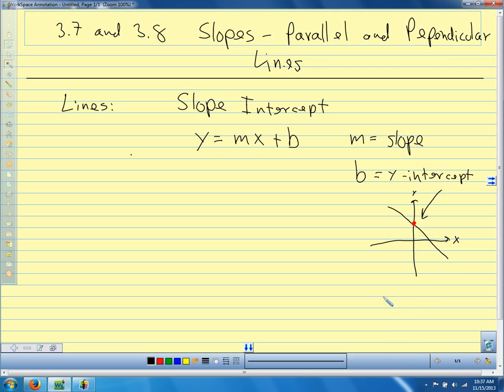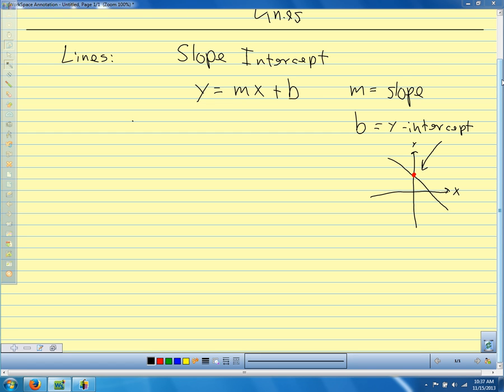And our slope is rise over run. We've talked about slope before, so using slope shouldn't be something new. So that's our slope-intercept form. m is the slope, b is our y-intercept.